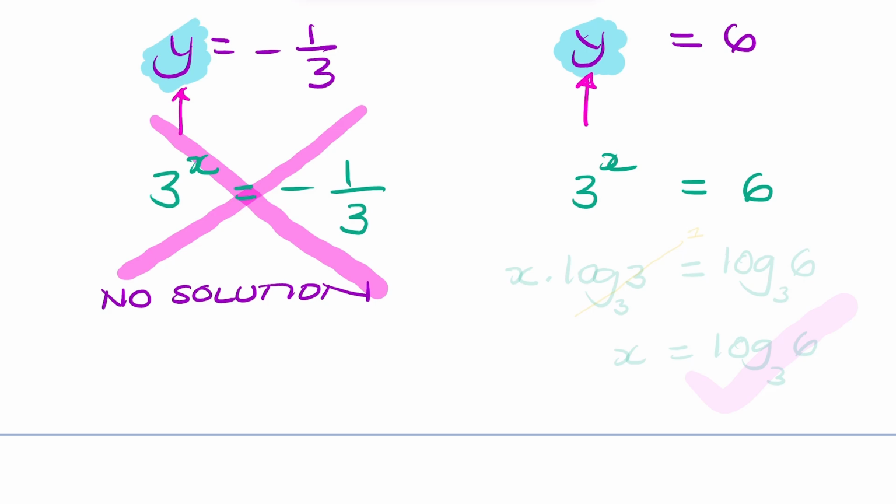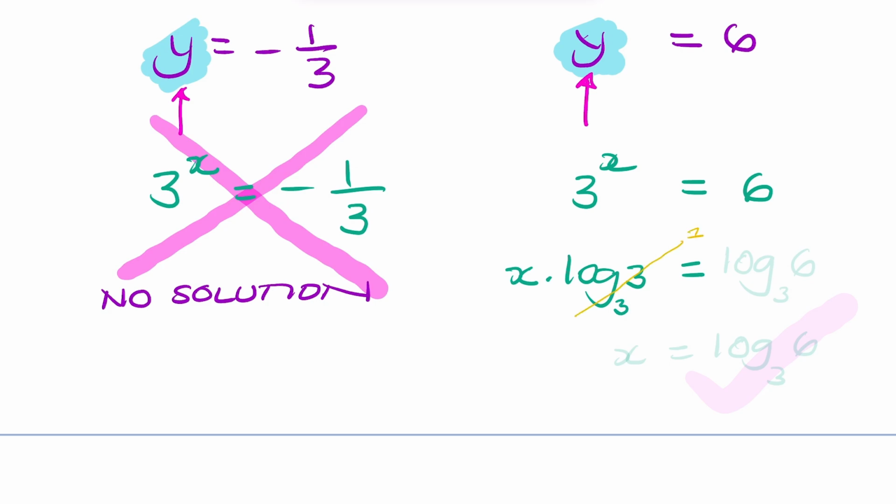So if we take logarithms to the base 3 of both sides, we get x log 3 to the base 3 equals log 6 to the base 3. And log 3 to the base 3 is just 1.